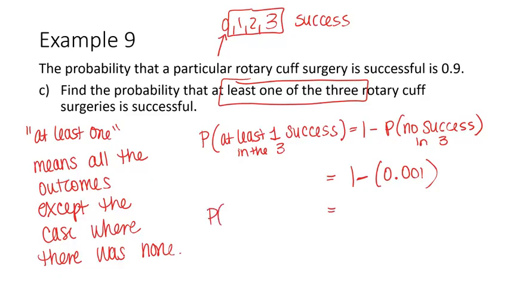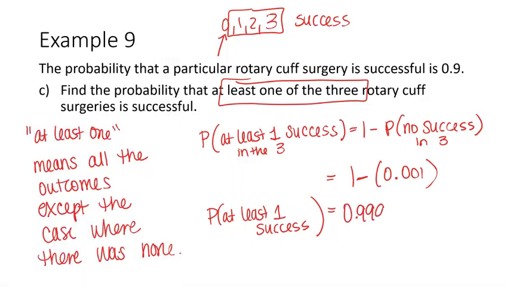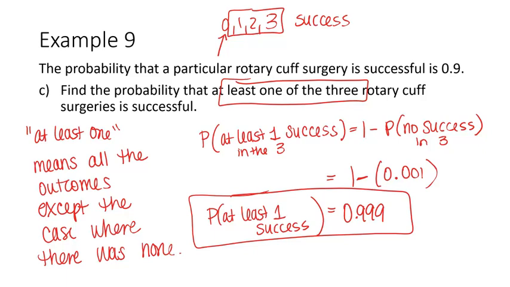So the probability of at least one success for my surgeries is 1 minus that probability of none, 0.999. This is just a really useful rule or tool when we have independent probabilities.